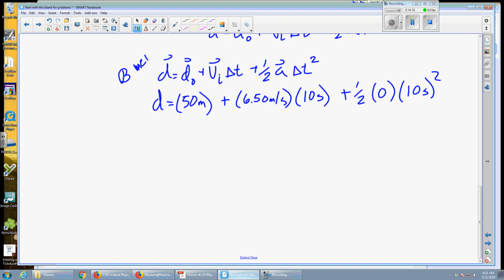So I have 50 meters plus 65 meters, which gives 115 meters as the final position, where they cross.